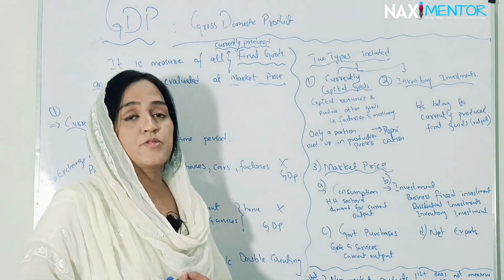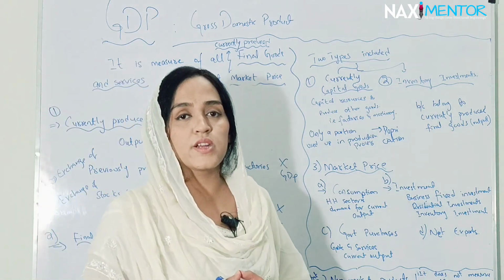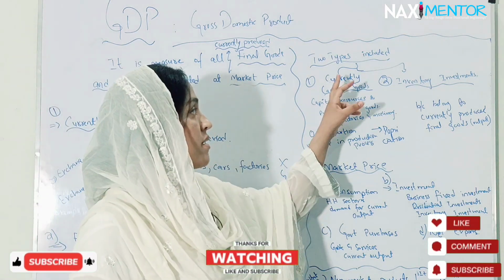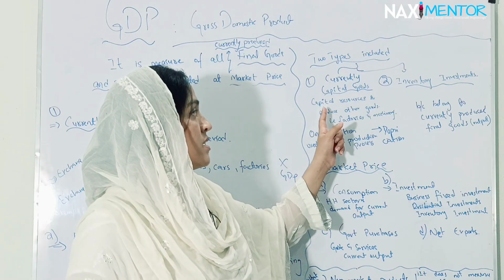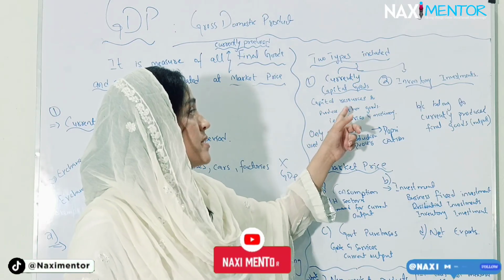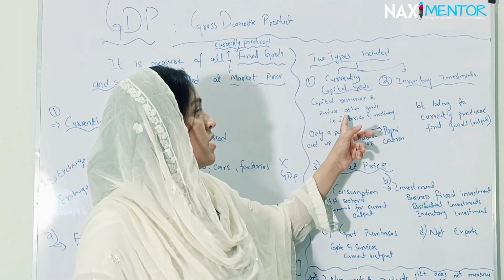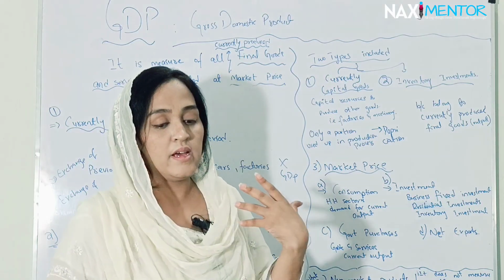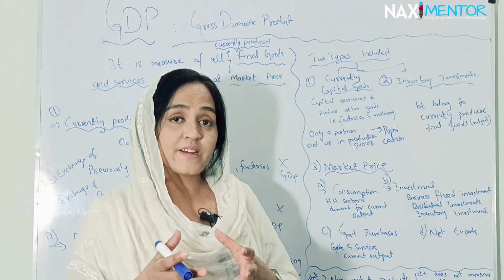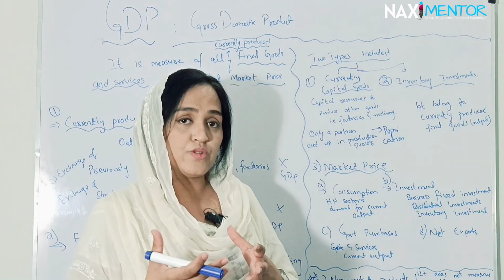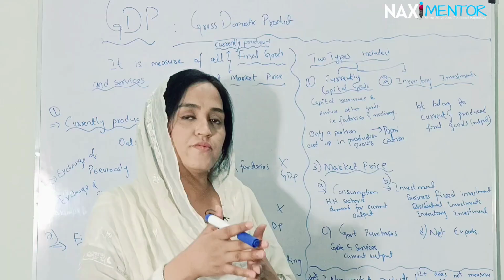But two types of intermediate goods are included in GDP, and these are currently used capital goods. What are capital goods? Capital resources to produce other goods. For example, machinery and factories. Machineries and factories are used to produce. They do not become part of those goods.